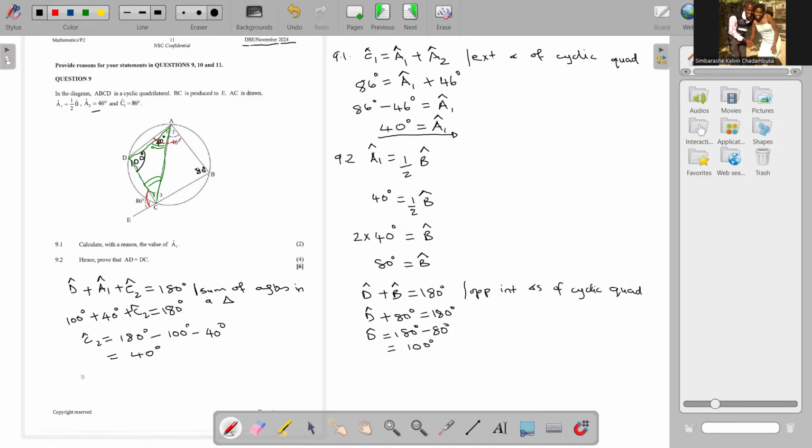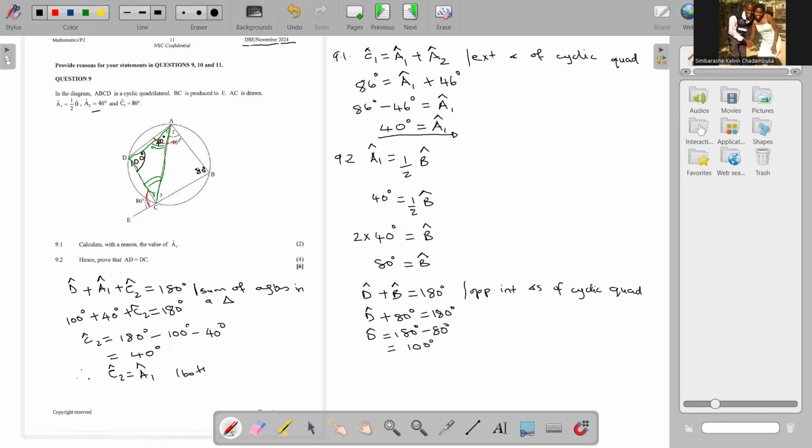So as we can see, we have just proven that C2 is equal to angle A1. Why are we saying so?